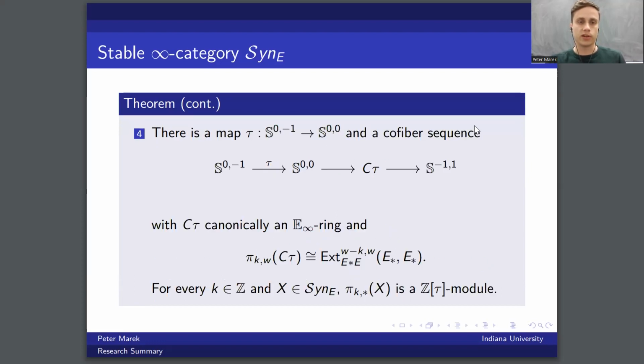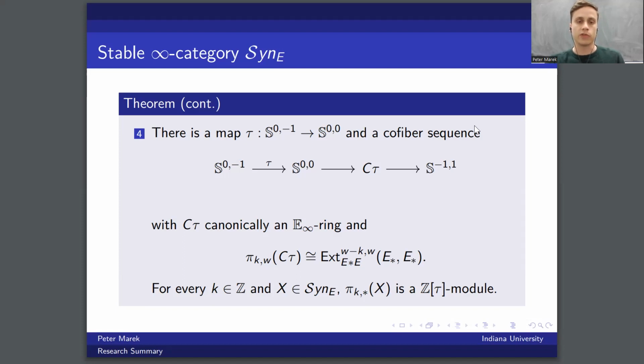In synthetic spectra, there's an important map called tau between spheres and a cofiber sequence involving tau, as written here, with the property that the cofiber of tau is canonically an E infinity ring. And if you look at the bigraded homotopy groups of cofiber of tau, you get certain Ext groups in E star E comodules, which happen to be the same as the E2 page of an E Adams spectral sequence for the sphere.